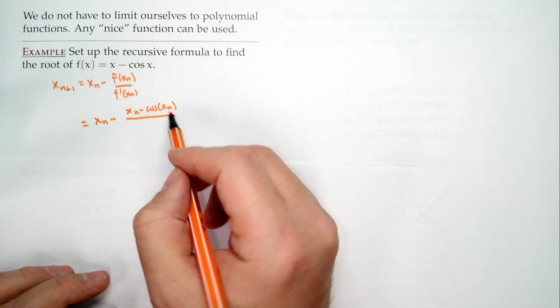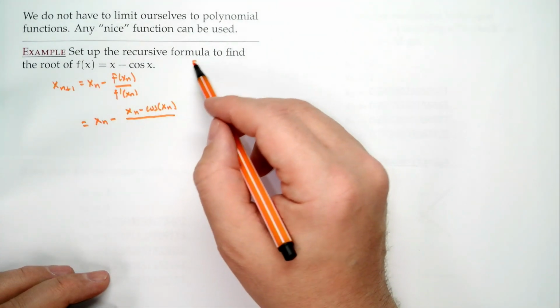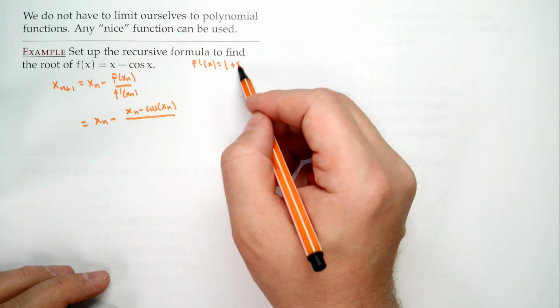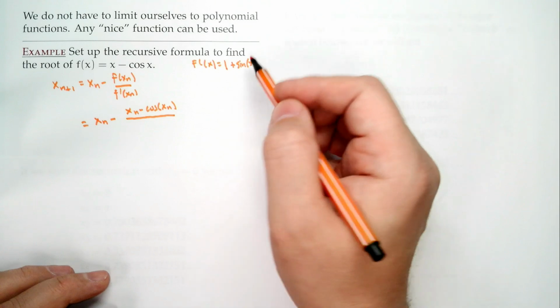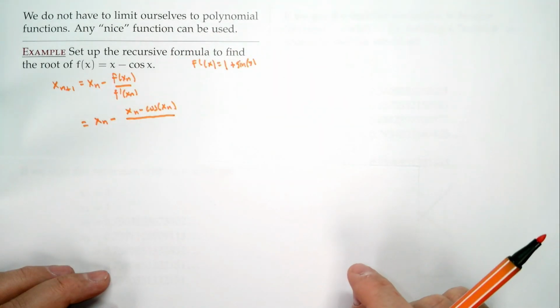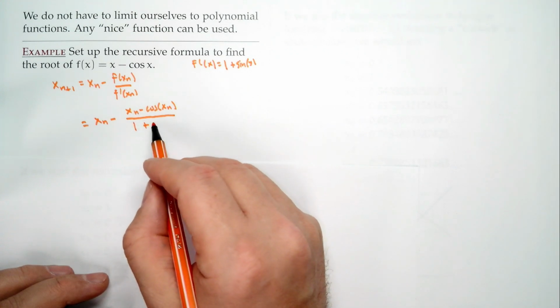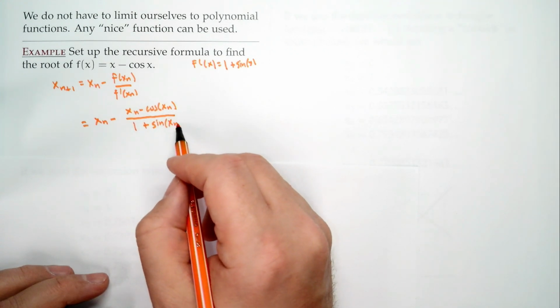Now downstairs, we've got to take the derivative. f prime of x is 1 plus sine of x, the derivative of x minus cosine x. So that becomes 1 plus sine of x_n.